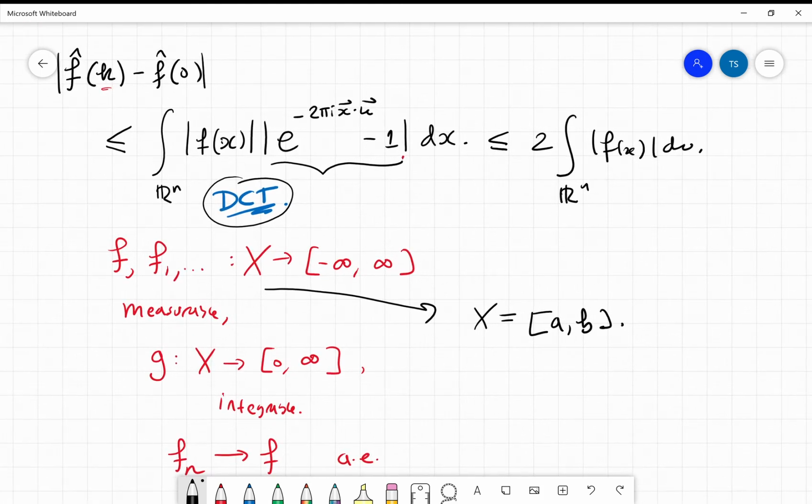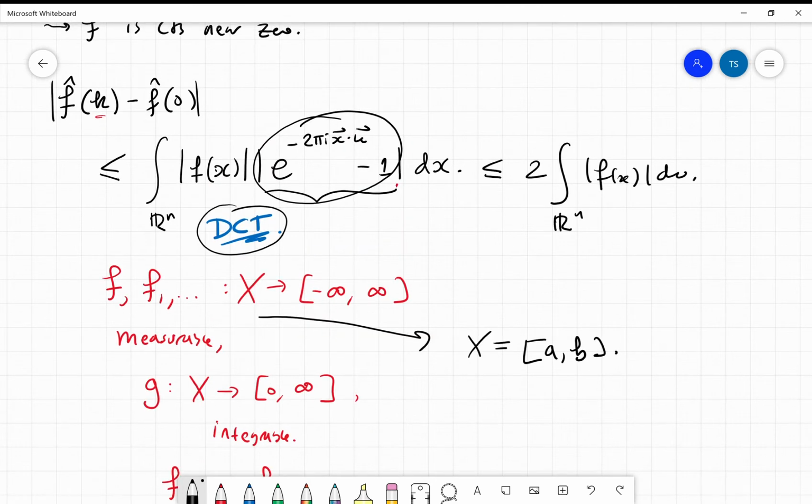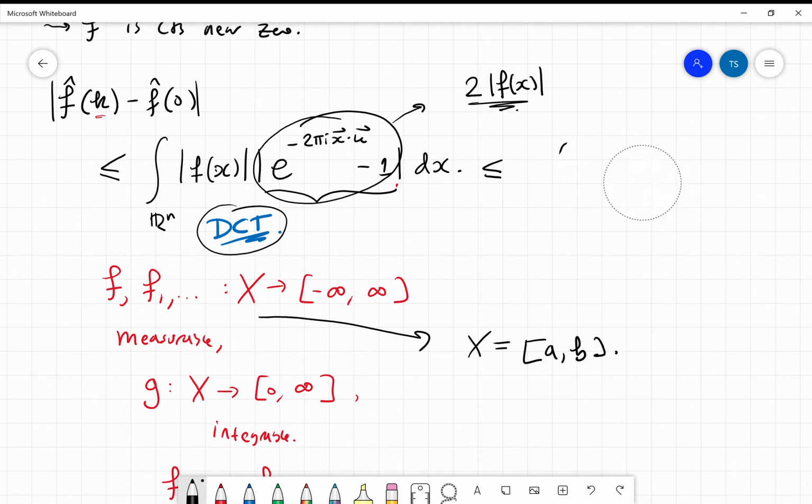However, this right here is clearly dominated by 2 times the absolute value of f, and this is integrable. Okay, that's the crucial idea. We have to use the fact that f is L1.